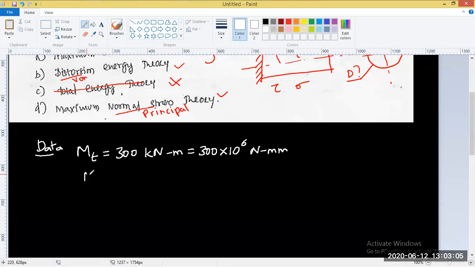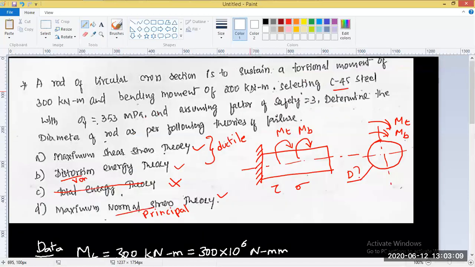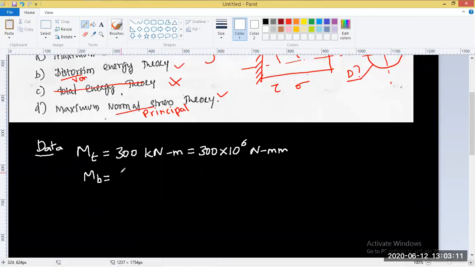The bending moment MB is given as 200 kilonewton meter, which amounts to 200 into 10 power 6 Newton mm.